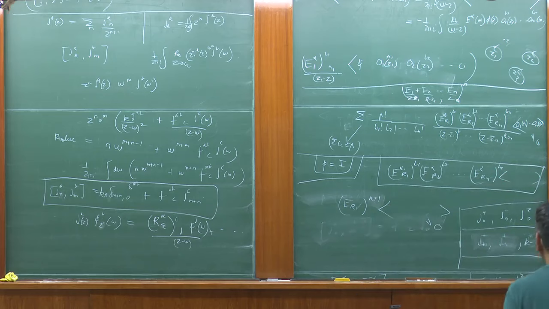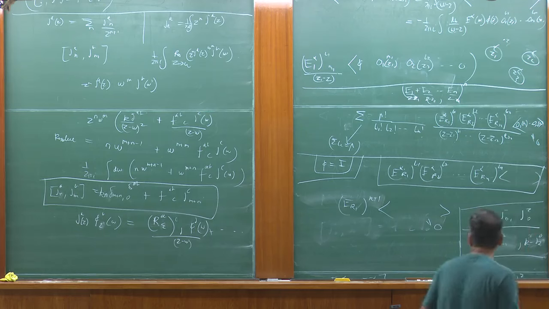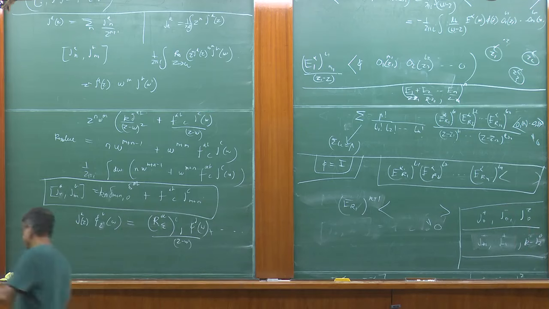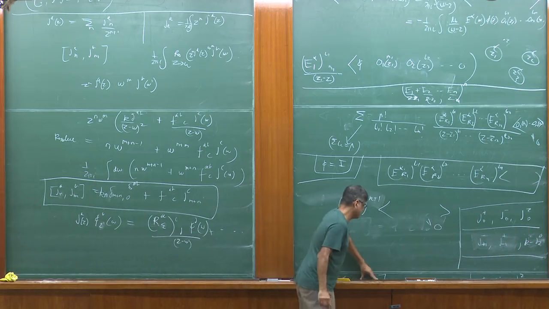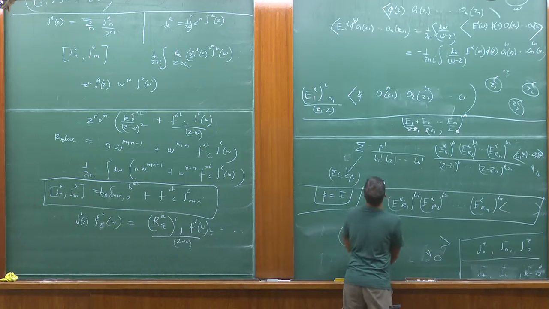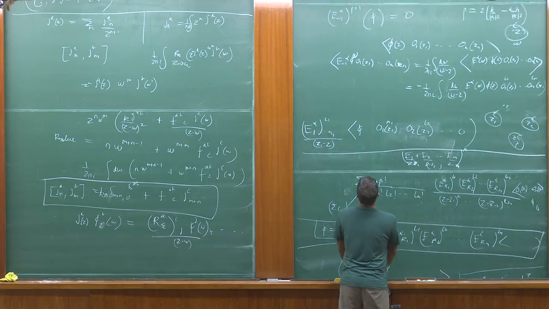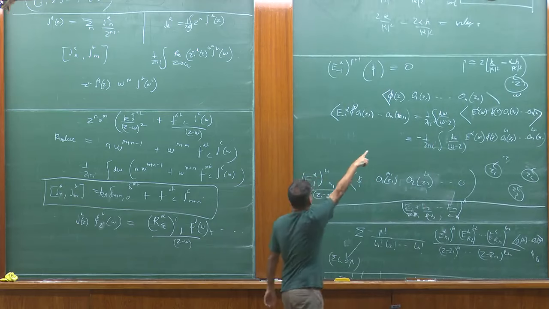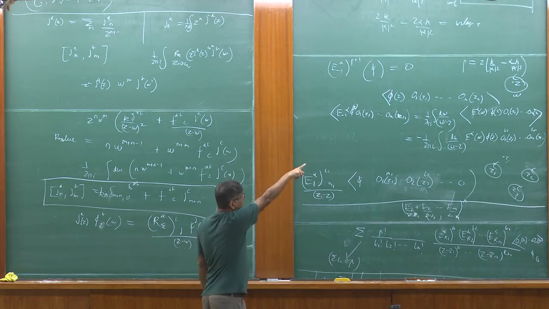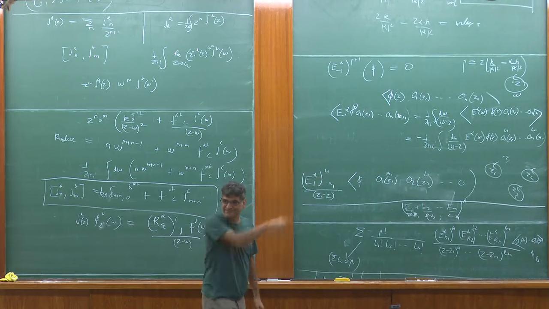Was it 2k plus 1? Oh, maybe there was a half. Let me look. We have it up here. There, it was p plus 1, where p was mod alpha squared, which was 2.